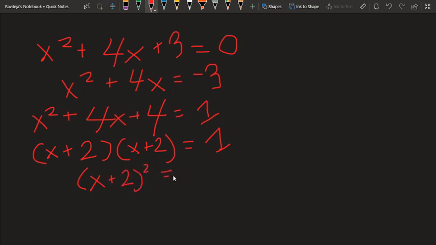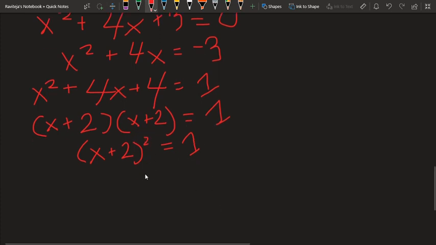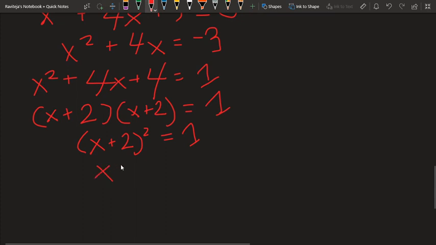Now remember, the next step, since the left side of the equation, x plus 2 squared, is squared, you can just square root both sides, which would cancel out the square on this side, and then you just get x plus 2 equals the square root of 1, which remember is plus or minus 1, because positive 1 squared is 1 and negative 1 squared is 1.